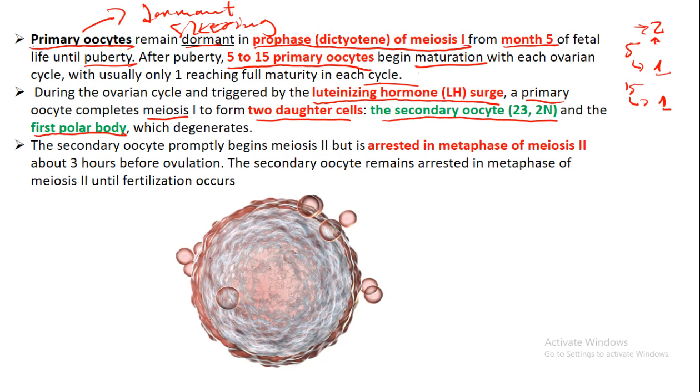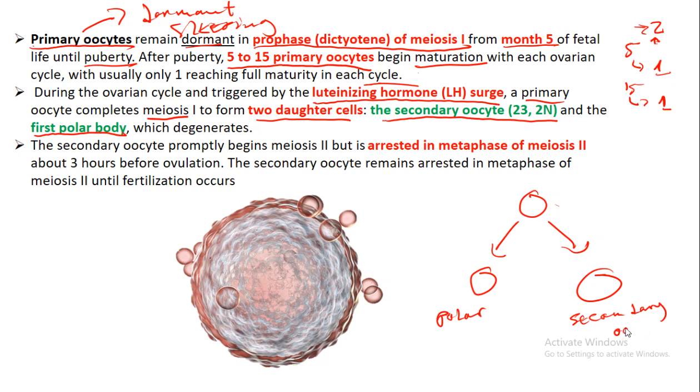Looking at this primary oocyte, it has divided into two. This is meiosis 1. This one is a polar body, and this one is the secondary oocyte.